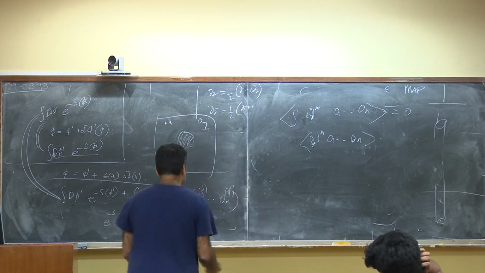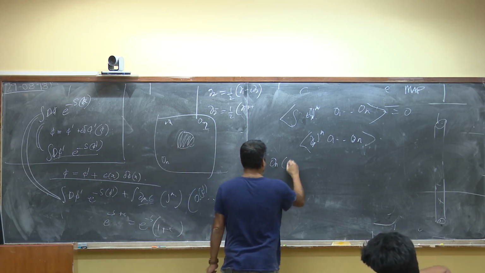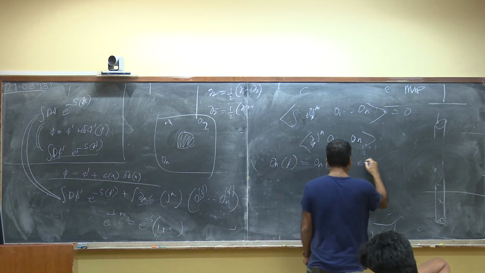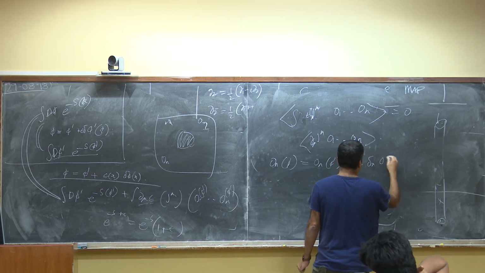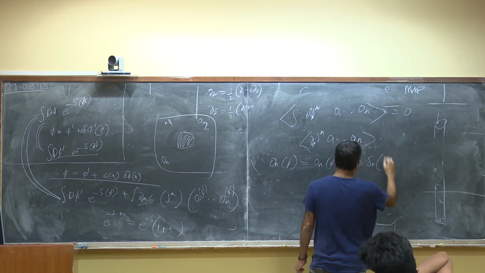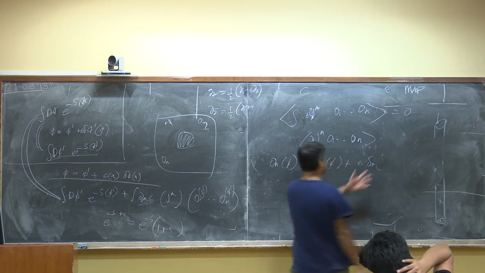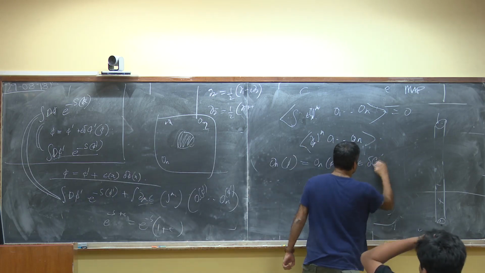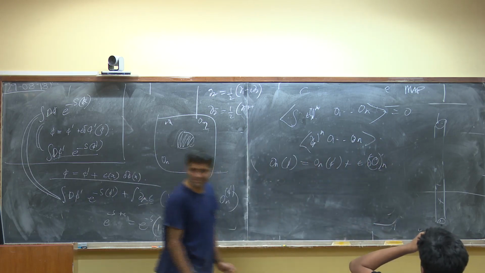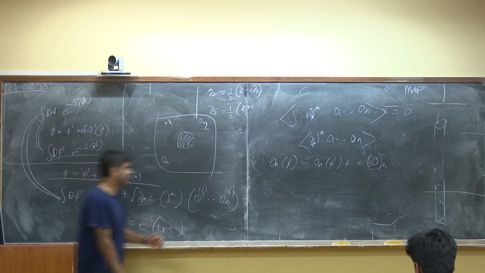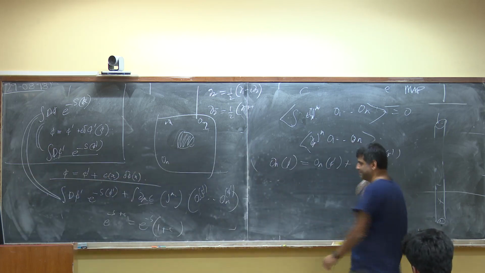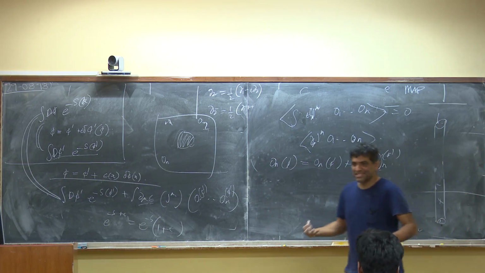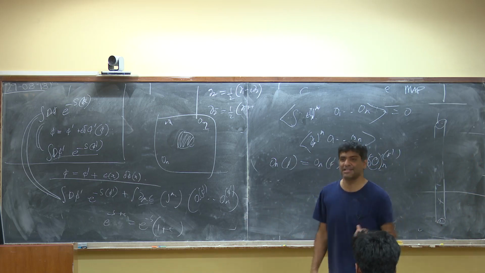Let me call the correction to the nth operator: On of phi is equal to On of phi prime plus epsilon times delta On, as a function of phi prime. Delta On is an operator. Let's suppose this is true. You understand? This is just notation for however the operator transforms under the change of variable.